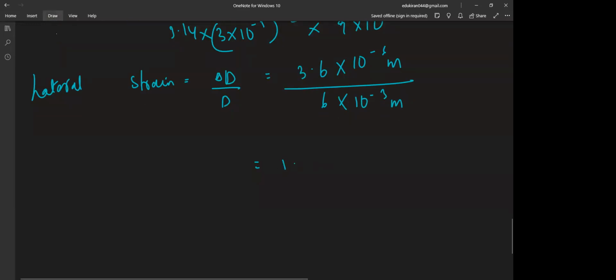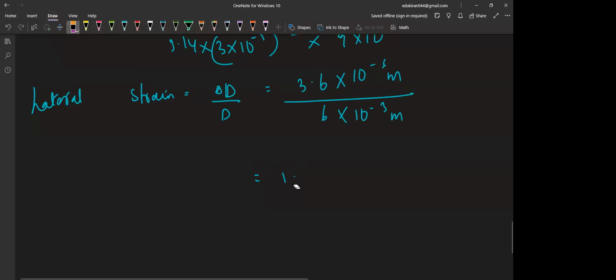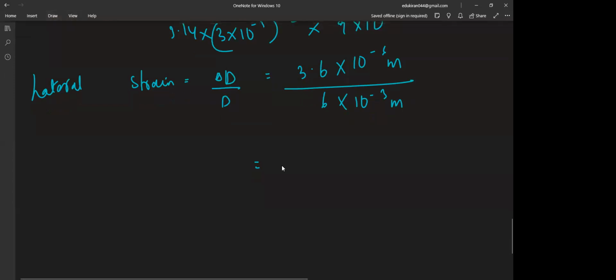This is 0.6 itself, so 6 into 10 to the power minus 4. This is the lateral strain. So you've calculated the longitudinal strain, you've calculated the lateral strain. Now coming to Poisson's ratio.